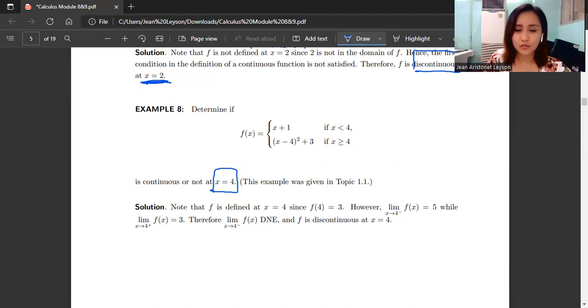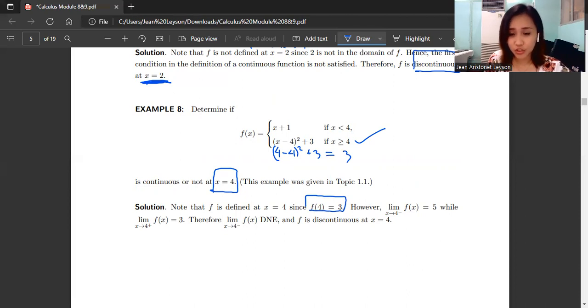So x is equal to 4 belongs here because the condition is x is greater than or equal to 4. And that's 3 because if we substitute 4 here, that's 4 minus 4 squared plus 3. Of course, that's 0. So we will be left with 3.